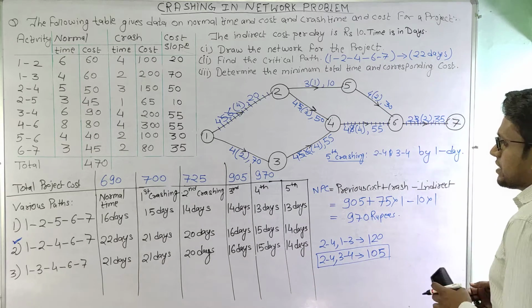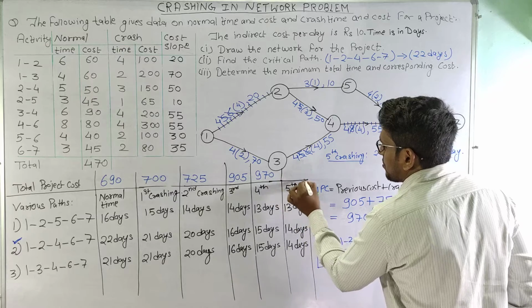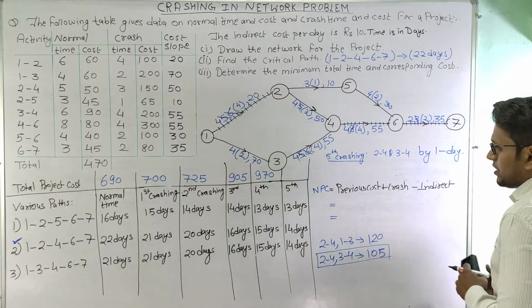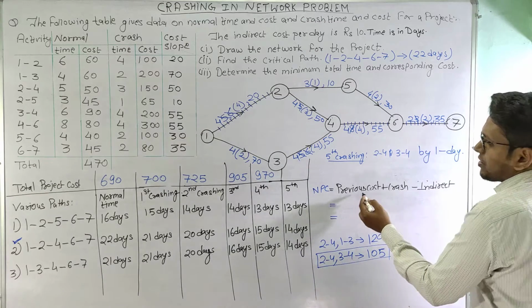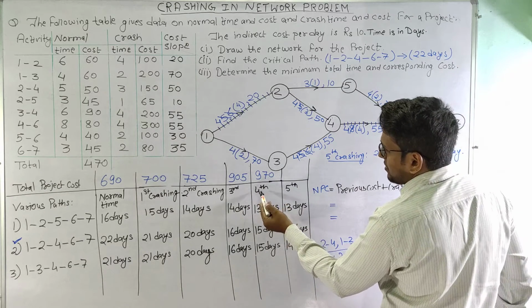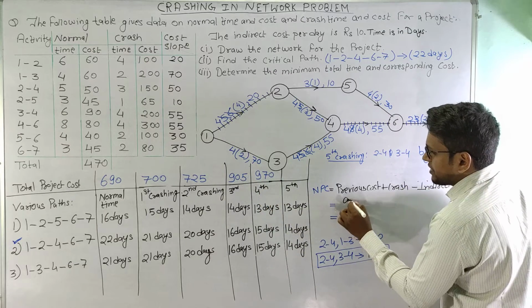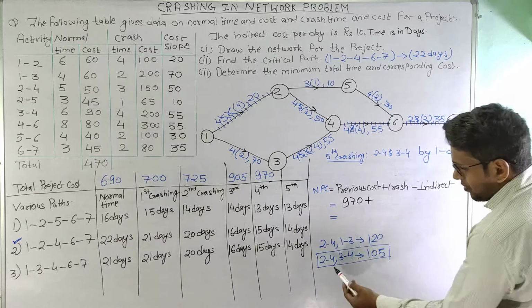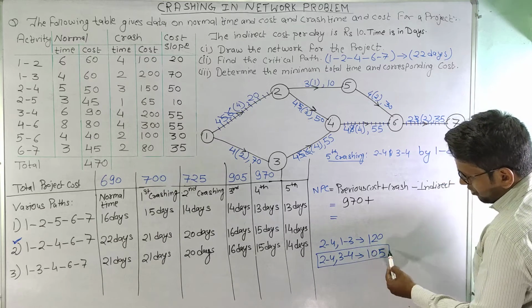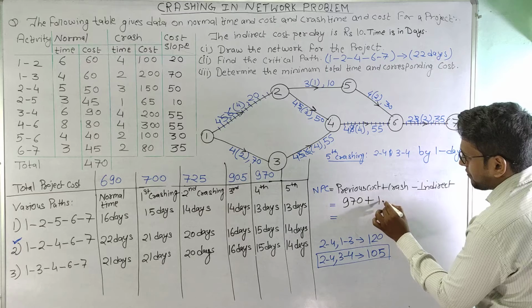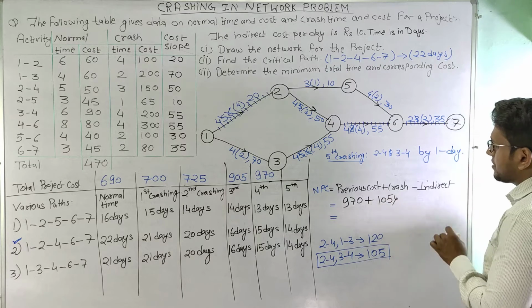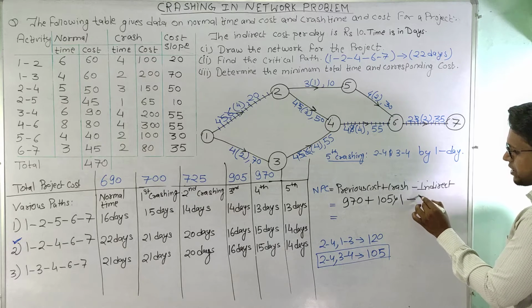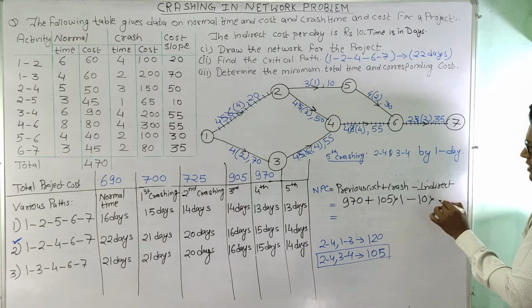Now let us calculate the project cost here, the total cost of the project. So the previous cost is the cost after fourth crashing. So the cost here is 970. So this is 970 plus crash cost. So crashing both the activities, the total cost is 105. So 105 multiplied by the number of days. So this activity has been crashed by 1 day. So this is 1 minus indirect cost is 10, number of days 1.